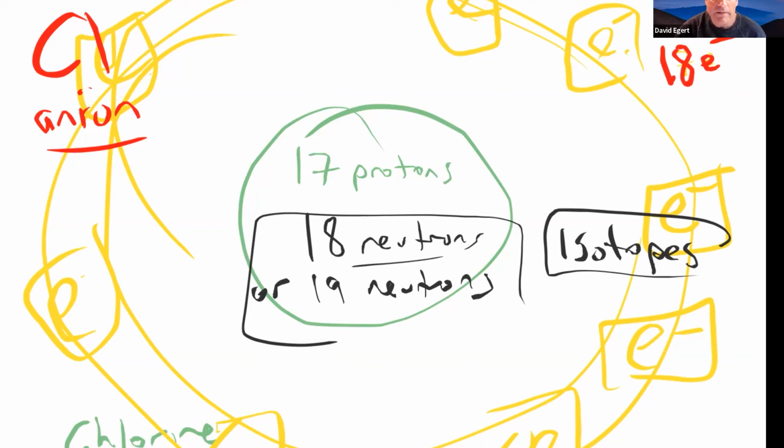So unstable, radioactive isotopes are important in medicine, or for tracking things, like when you want to see where things go. Or if somebody has an overactive thyroid, you can give them radioactive iodine, which is going to concentrate in their thyroid and kill off their thyroid cells.